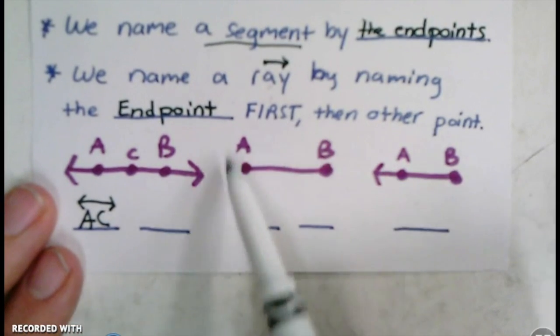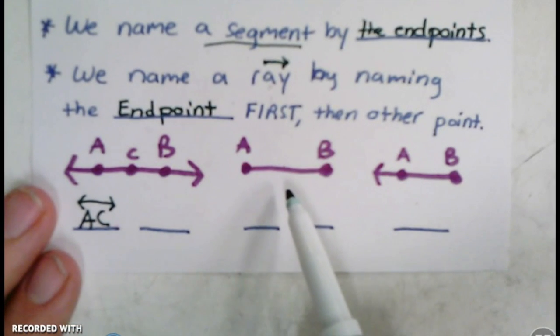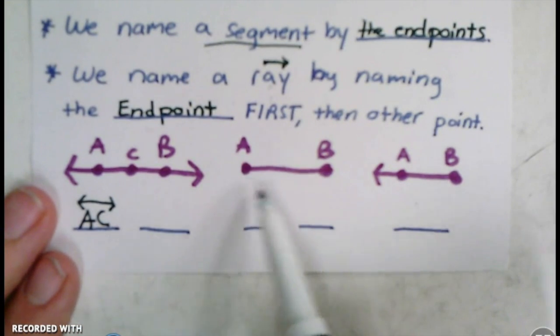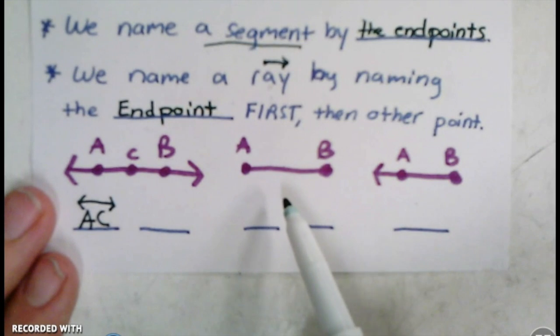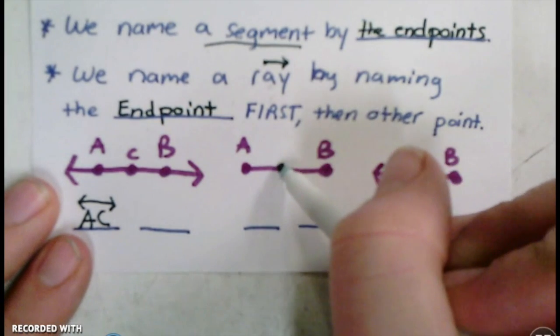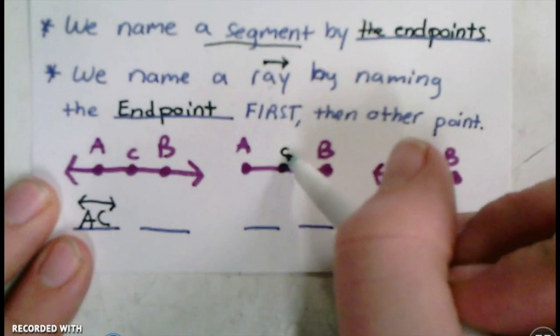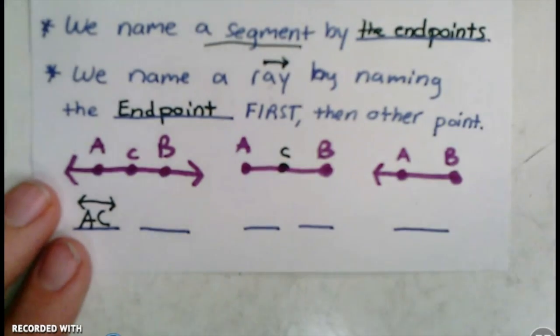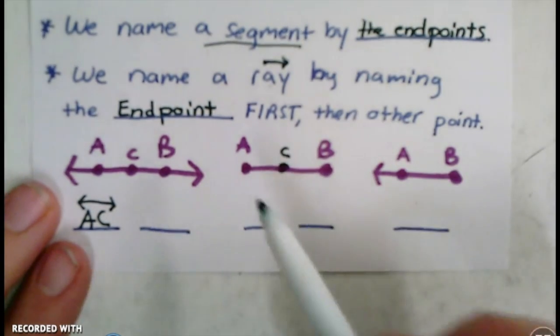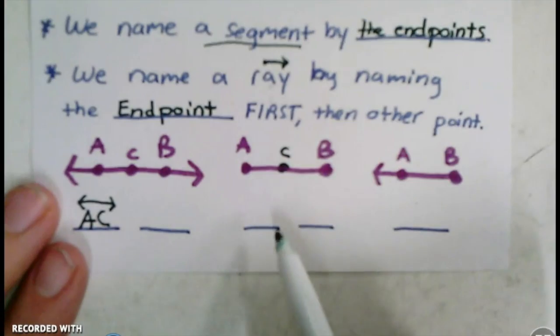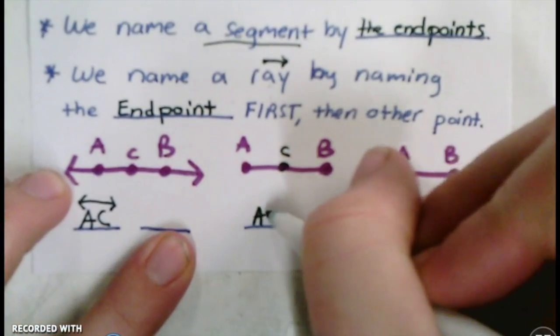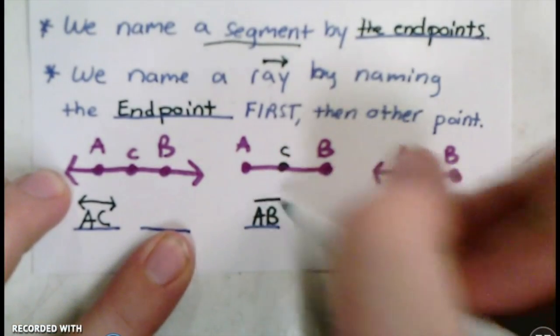This is different than a line. This is a line segment. It doesn't have the arrows on the end. Let's say that there was a C here. For a line segment, I have to pick the end points of A and B. So I have only 2 options for this one.